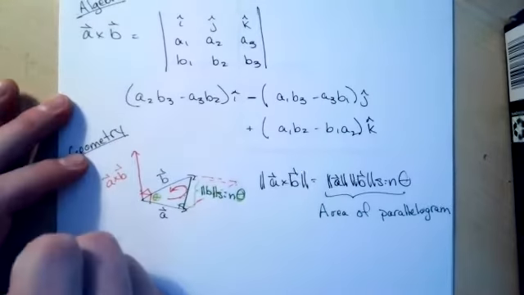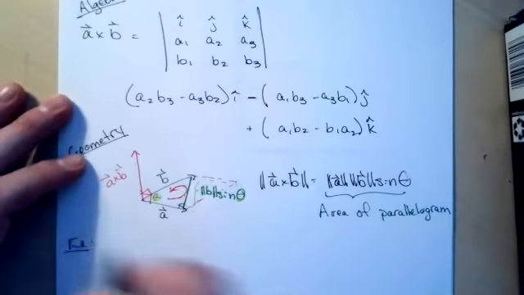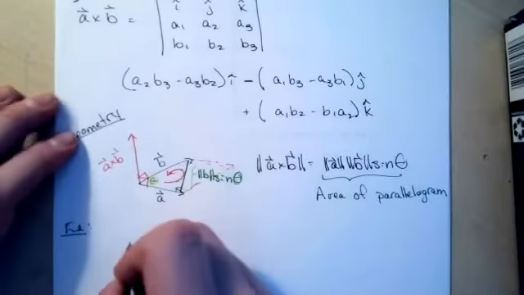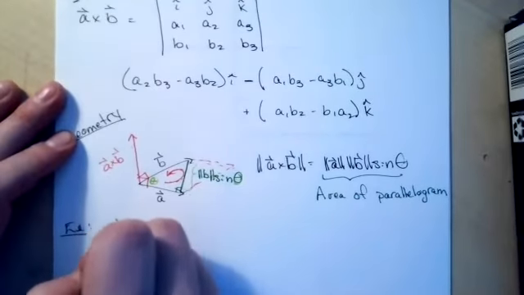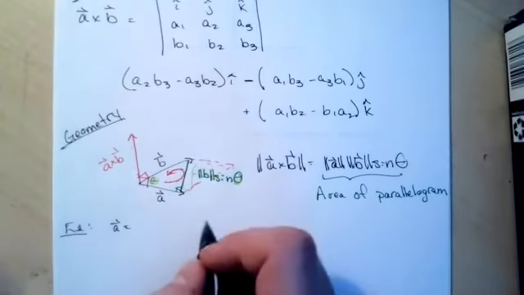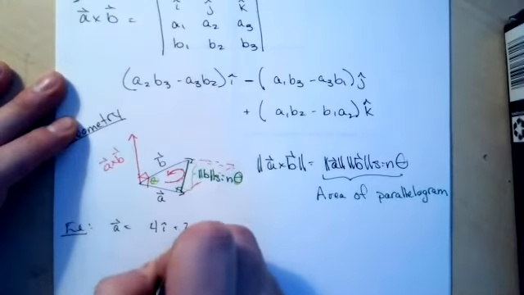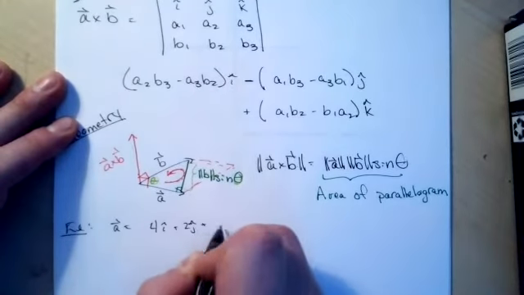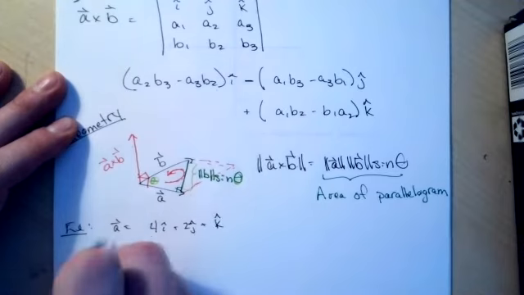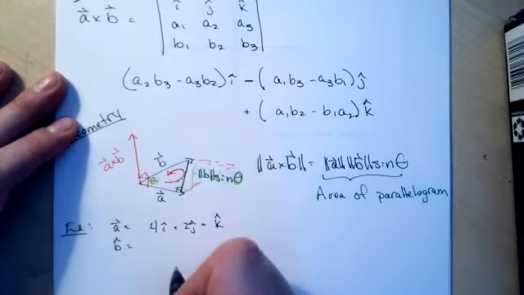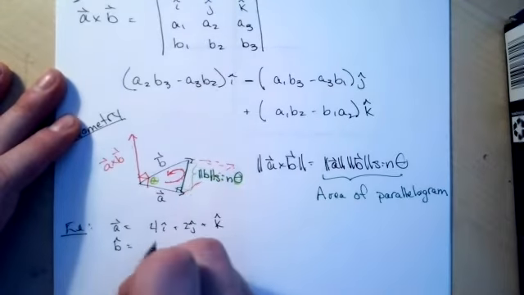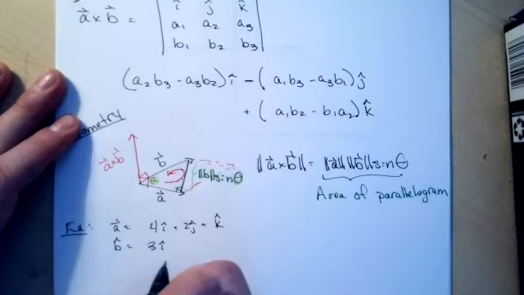Just as a pure computation, let's go ahead and compute one real quick. When we have A is equal to 4, 2, 1 and B is equal to 3I minus J.